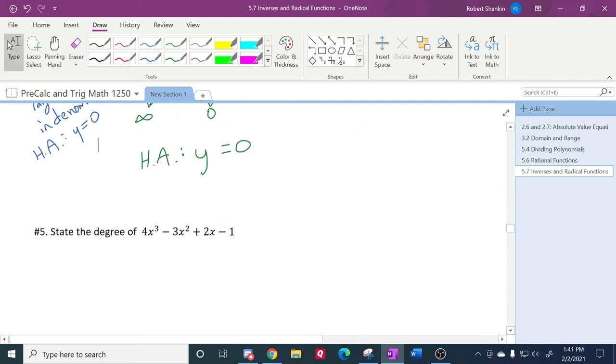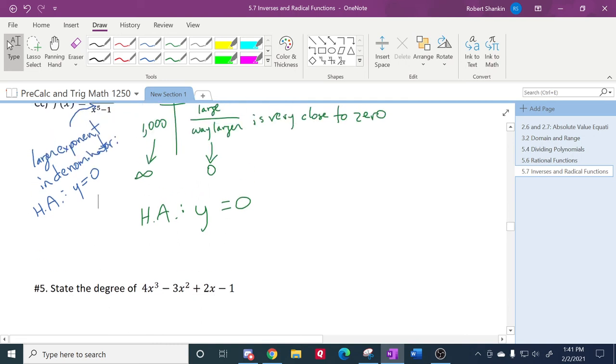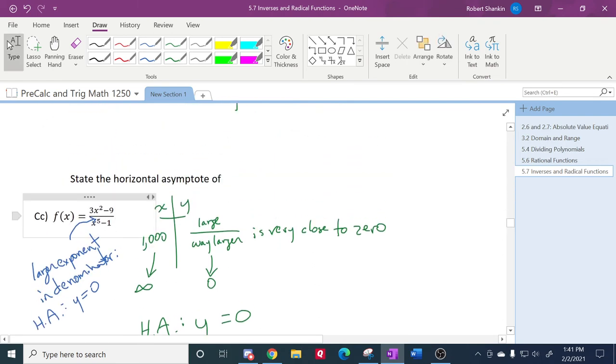The terminology we use is the degree. And we had this problem yesterday: state the degree of this. This is degree 3. It's the largest exponent that occurs in the polynomial. So we look for the thing that has the larger degree.